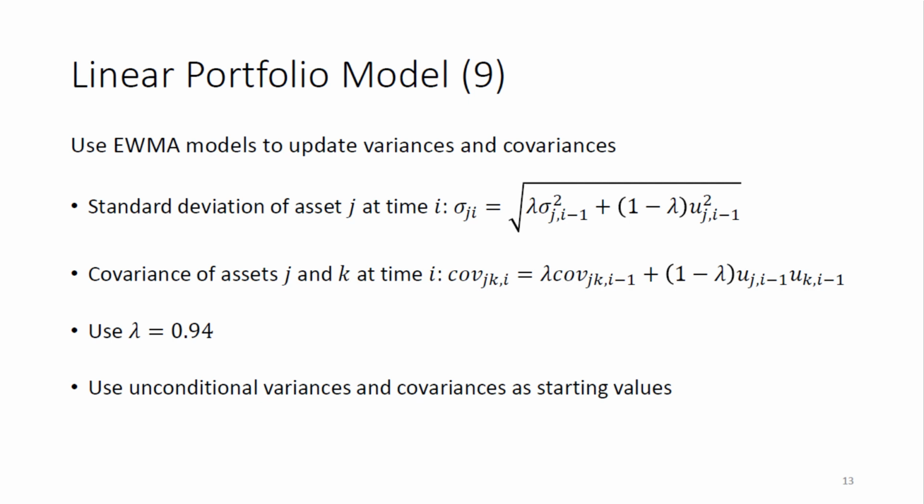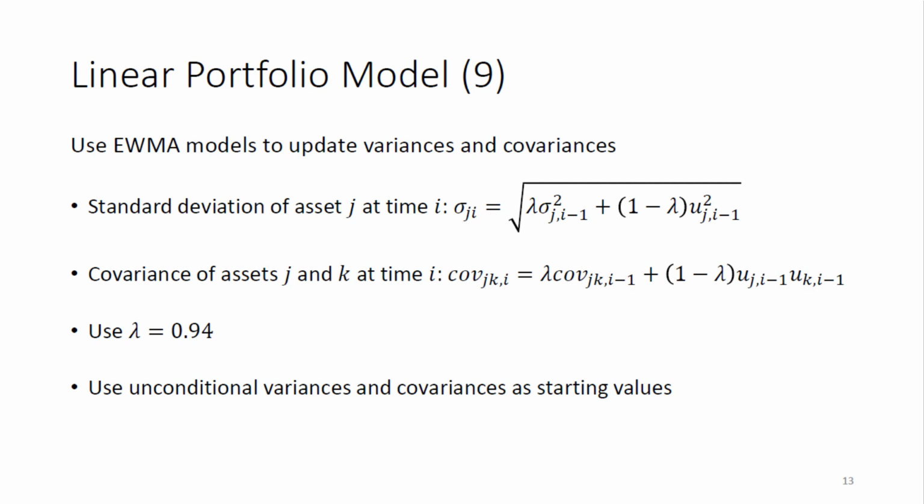So I look at the standard deviation sigma of asset J at time i, sigma_Ji, which is lambda times the variance of that asset in the previous period, plus 1 minus lambda times the shock that occurred in the previous period squared.